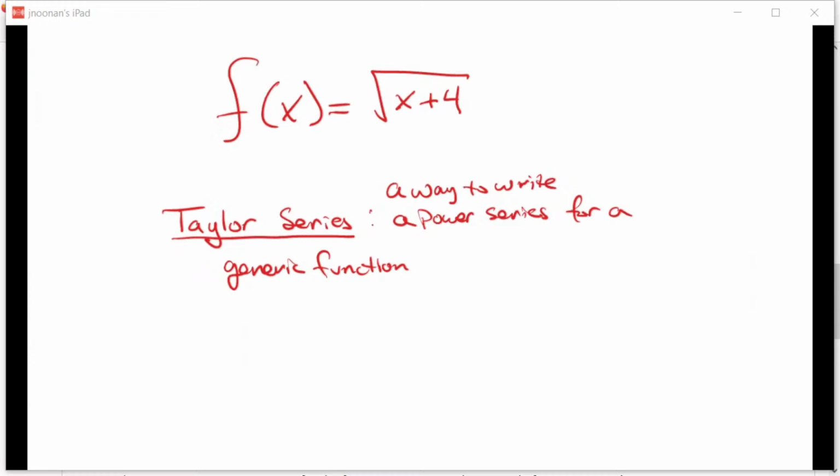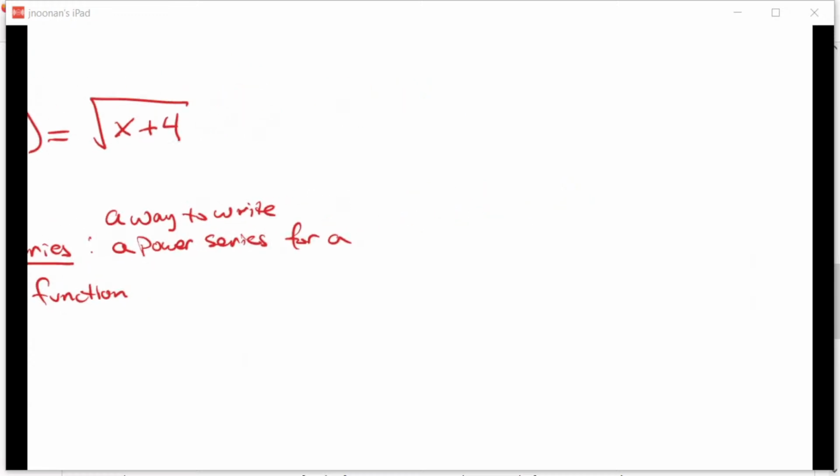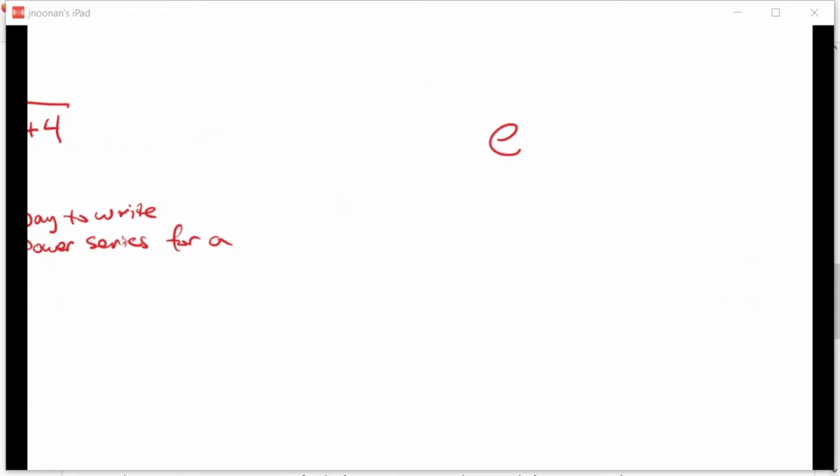Yeah, what do you think? Oh yeah, good question. Why would we care? Well, let me write down an example where we would care. That one is not a good example, but this one is a good example, e to the negative x squared. This function is part of the normal distribution. If you look at the formula for the normal distribution, which is the foundation for all of statistics, e to the negative x squared is part of that expression.